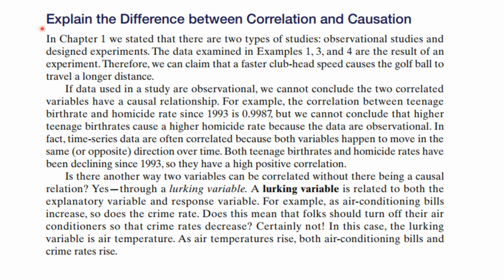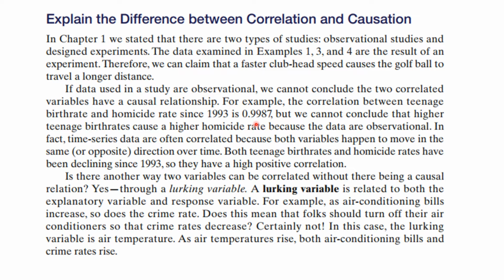So if the data used in a study are observational, you cannot conclude 2 correlated variables have a causal relationship. For example, the correlation between teenage birth rate and homicide rates is actually very close to 1. But you cannot conclude that higher teenage birth rates cause higher homicide rates because the data are observational.